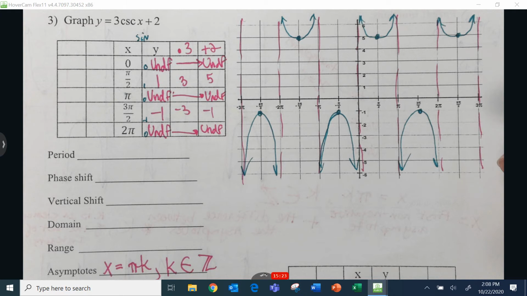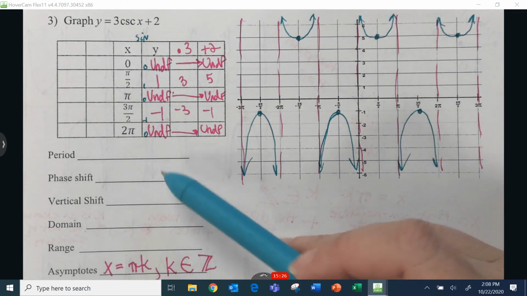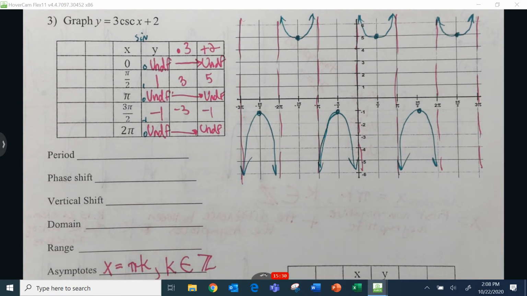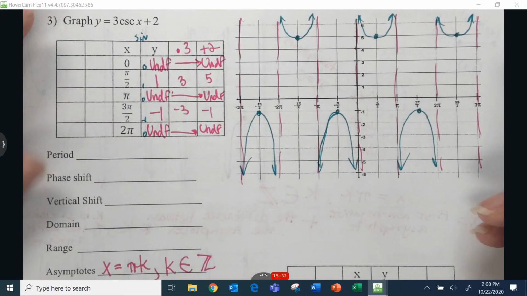You're just graphing, these are super easy to graph. I would rather you pay more attention to writing the stuff out. You can always throw those graphs up there later, okay? If you've got a couple of them graphed, that's fine.